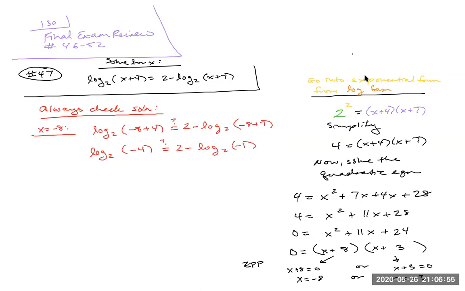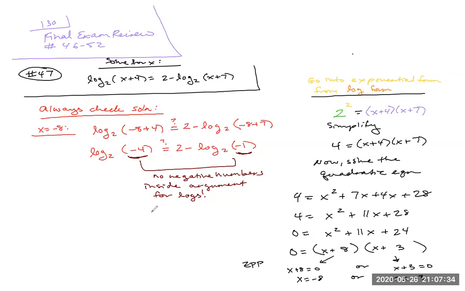Now just a hint to you, this is not going to work here. I need another color. I'll just use dark red. So right here and right here, you can't have negative numbers inside the argument of a log.